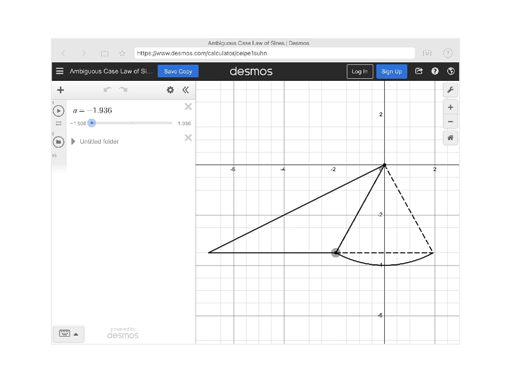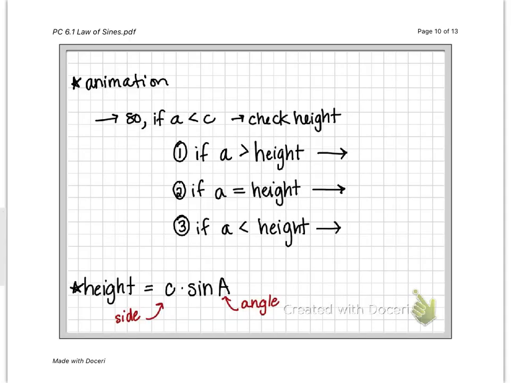A little reference slide, height reference slide. Check out the little rules here. If A is greater than the height, this is kind of the worst case scenario, where you have to do a lot of work. Two triangles. And when you have two triangles, you must list all the possibilities. This is that swinging side like we just saw that's creating two possible angles.